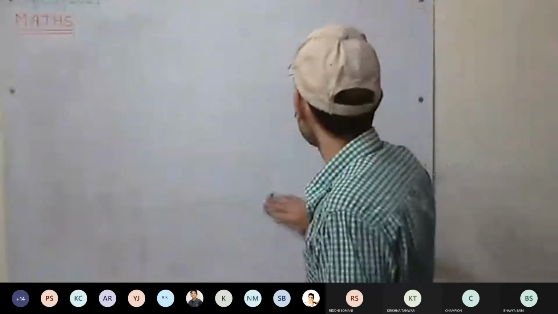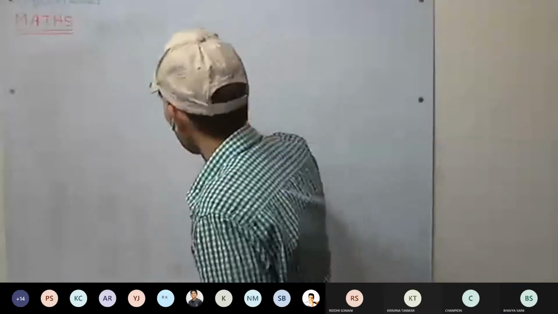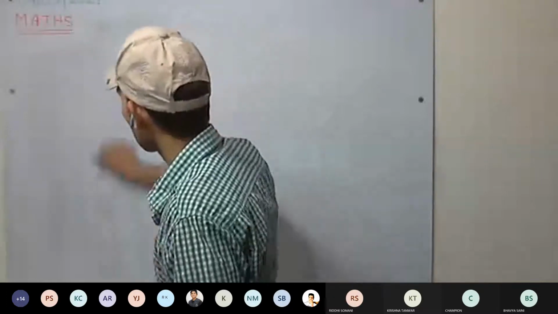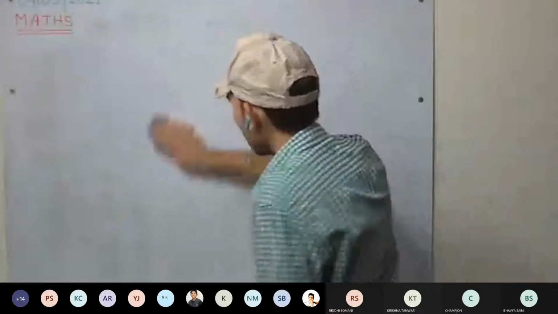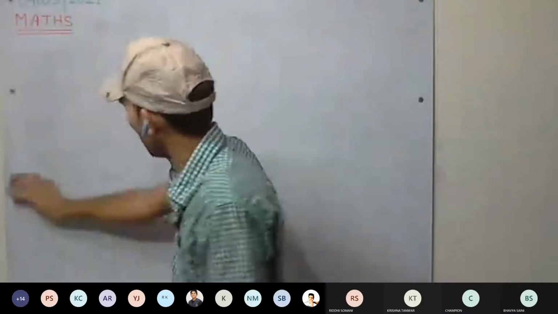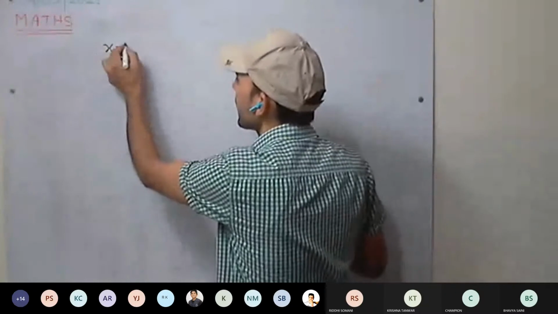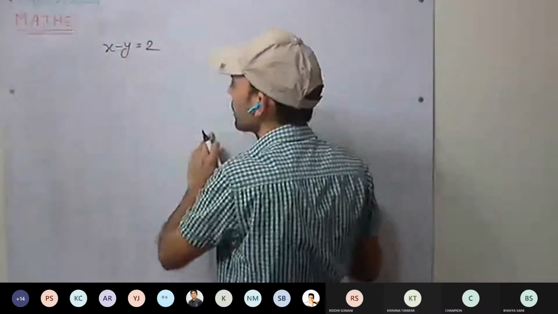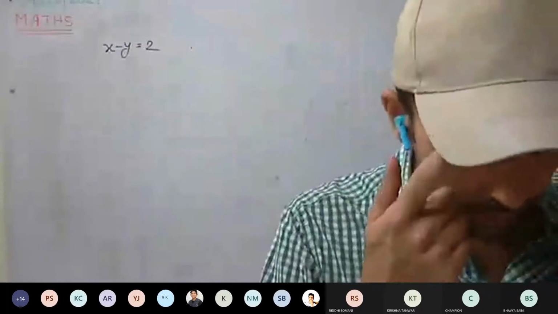These are the numbers x and y. So x is 2 more than y. It means if we subtract, x minus y, we'll get 2, because x is 2 more than y. So one equation we have got: x minus y equal to 2. And second, what is given?